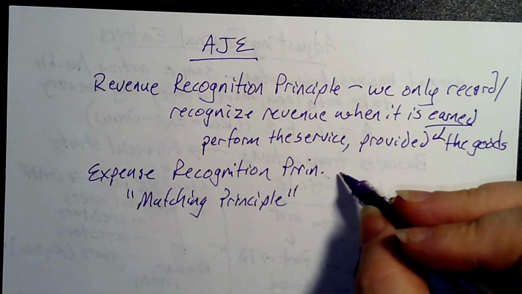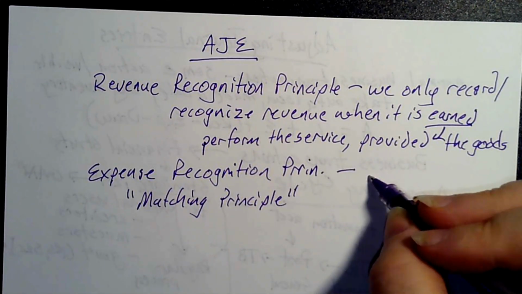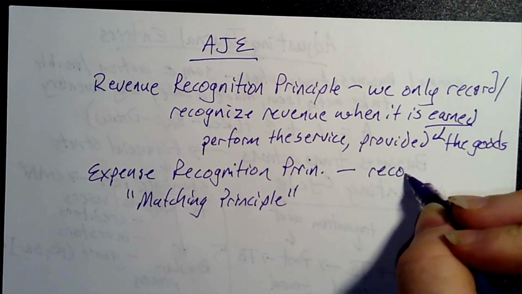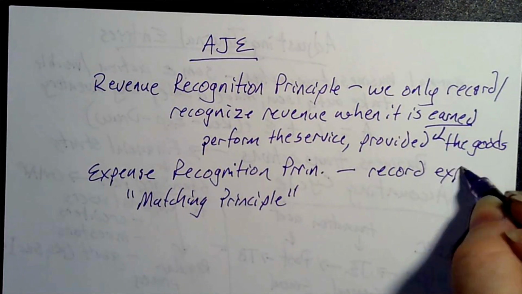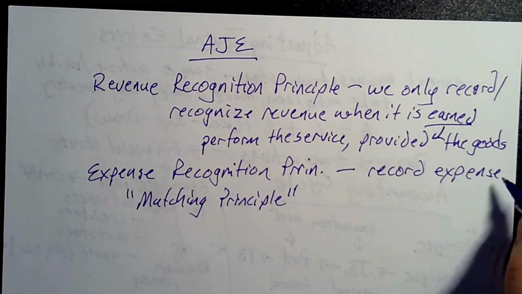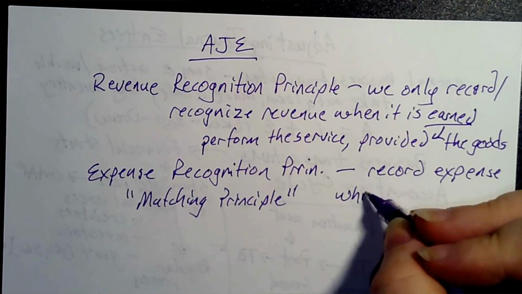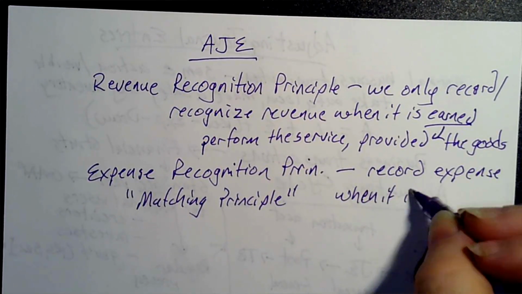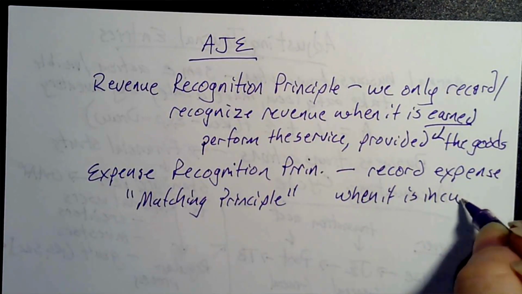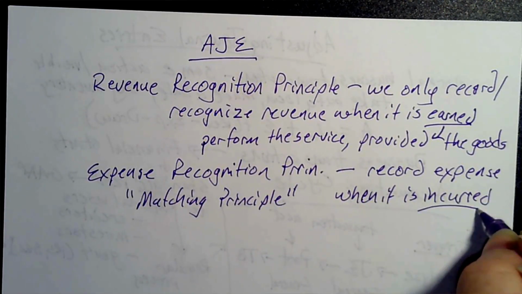And it's almost the same as this other one. We record an expense when it is incurred. And so what is our definition of incurred?